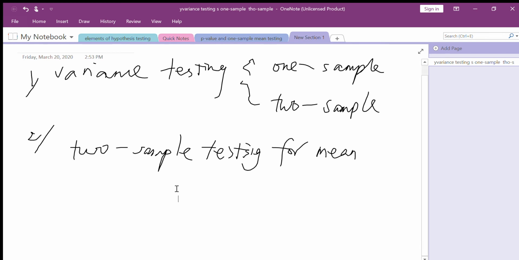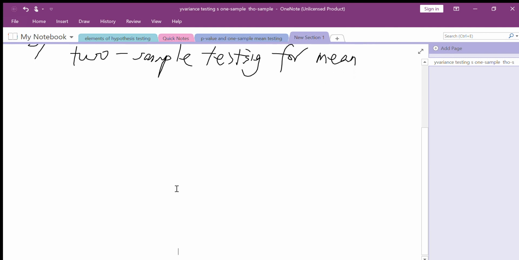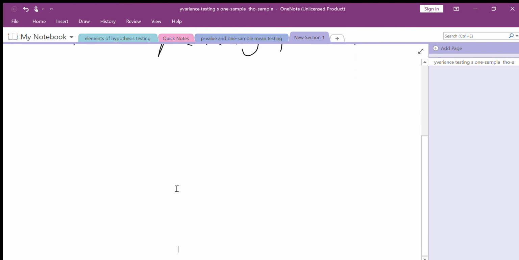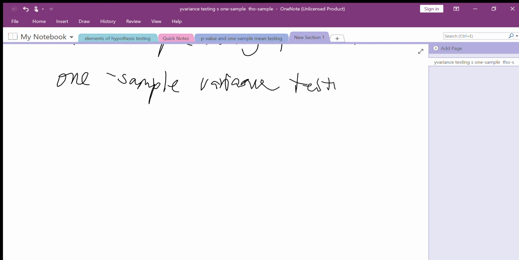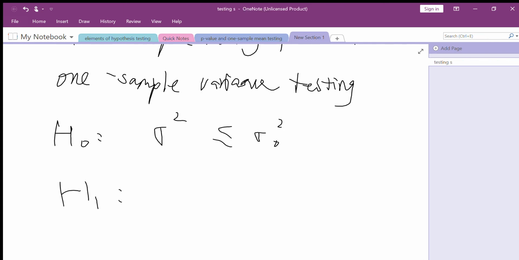Okay, so let's first take a look at variance testing. For variance testing, we first talk about one sample variance testing, and we begin with one-sided, one sample variance testing. This is right-sided, one sample variance testing.